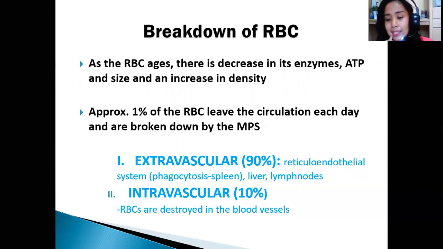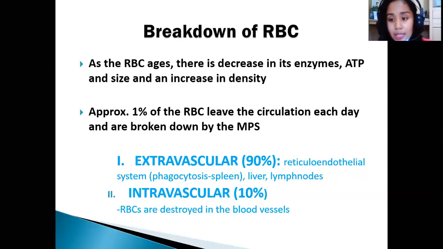It also happens in the liver, wherein your red blood cell, yung heme, will be converted to bilirubin. Naalala? Tapos eventually, magiging stercobilin and urobilin. Di ba? Stercobilin will give the brown color in your stool and urobilin will give the yellow color in your stool. Yan. So, natatandaan nyo yun. So, extravascular lahat yun, guys.